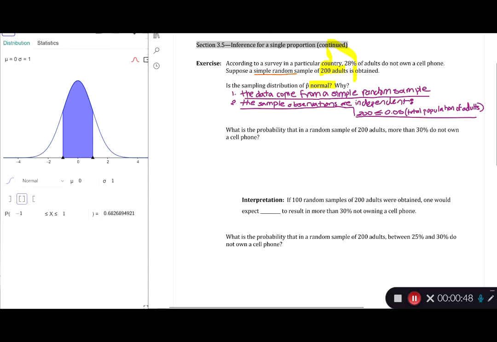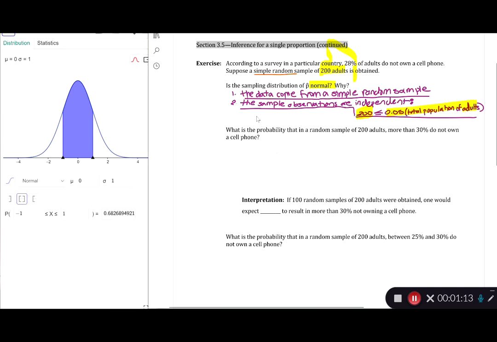But it turns out we're okay with this requirement as long as our sample size, which was 200 in this case, is less than 5% of the total population of adults. And that's a reasonable assumption in this case. So we can assume that there are at least 4,000 adults in this country that we're examining here.